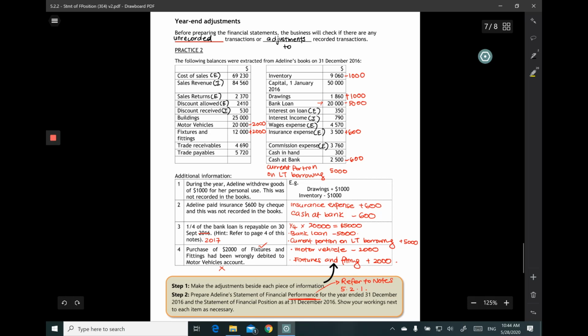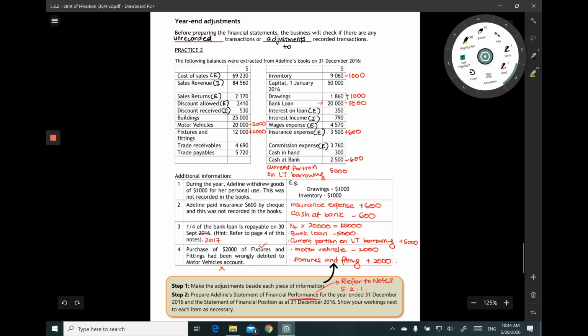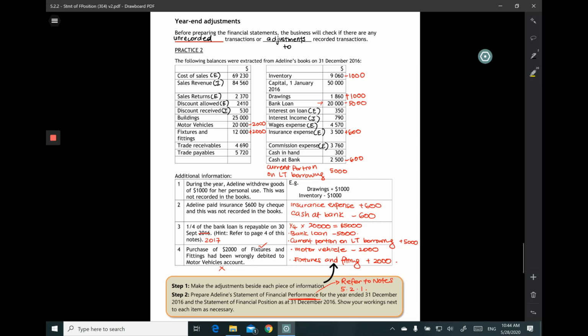So I've labeled all my accounts that belong in my statement of financial performance, which is essentially all your income and expense accounts. And then the ones that are going to go to your statement of financial position, you also label them accordingly. All right. So once you have all this labeled, then it will be easy for you to do your statement of financial performance. Let me repeat again: you need to do your statement of financial performance because you need your profit for the year number.